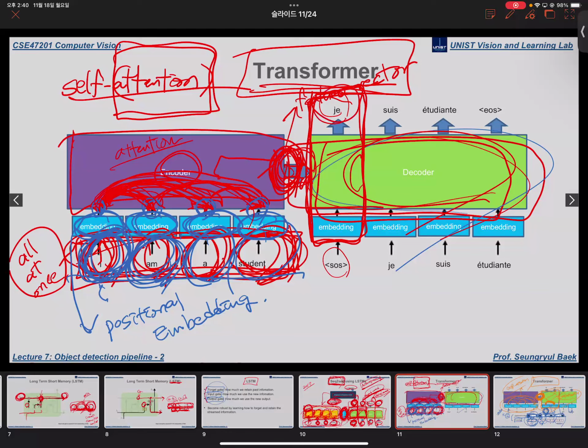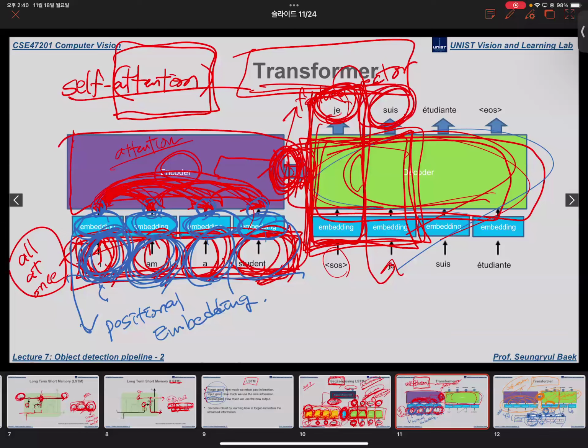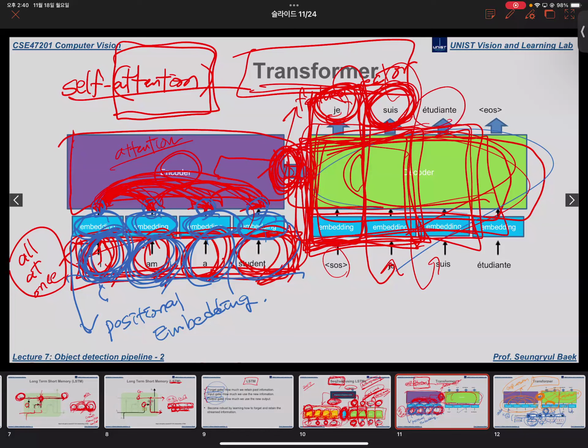So after getting one output, we input that and do this process to output the second one. And after getting the second output, we input it again and do the operation for 3 inputs and output the third output, like that. So we gradually use the output from the previous time step as the input to the next time step to predict the next output.